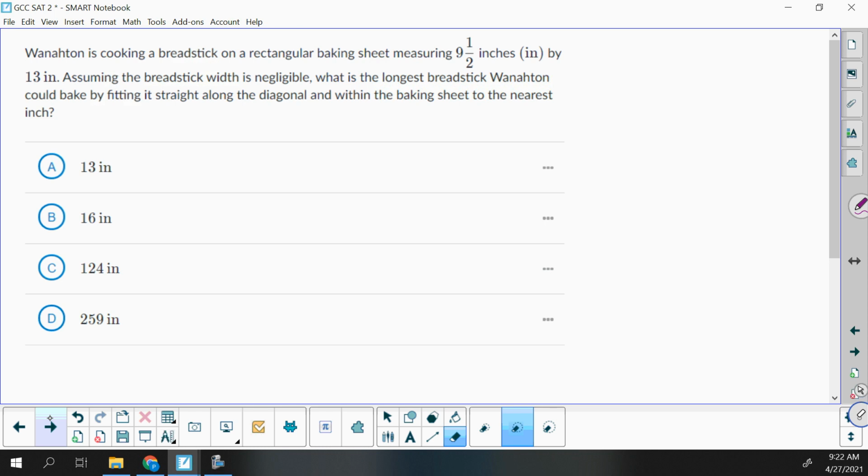Moving down to the bottom of page 8, we'll give you a moment to read through this question. Once you've read through it, see if you can start to sketch a picture.